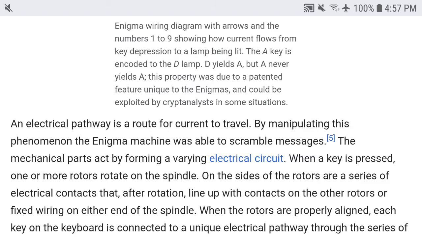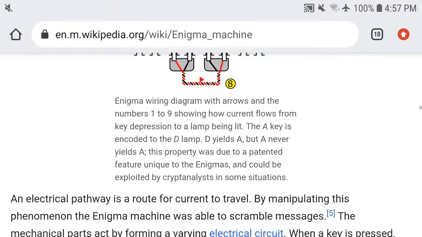It should be 26 outcomes, right? A can become anything from A to Z. But because this is Enigma, the flaw, A cannot be A. Therefore, it reduces the possibilities by one, so it's only 25. So maybe that makes it a little bit easier as well, potentially, right? Maybe there's also a bigger use of this information as well.